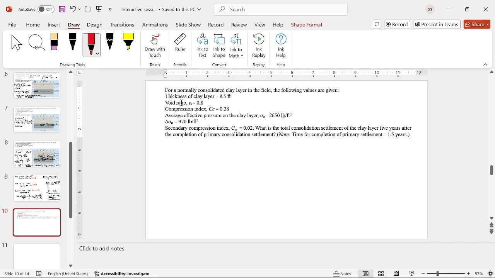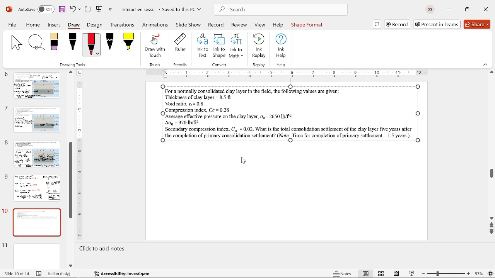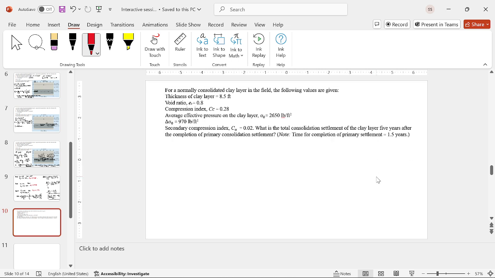Thickness is given, void ratio is given, compression index is given, average effective pressure on the clay is given, delta sigma, secondary compression index is given. What is the total consolidation settlement after 5 years? 5 years after completion of primary consolidation settlement. Time of completion of primary settlement is 1.5 years.